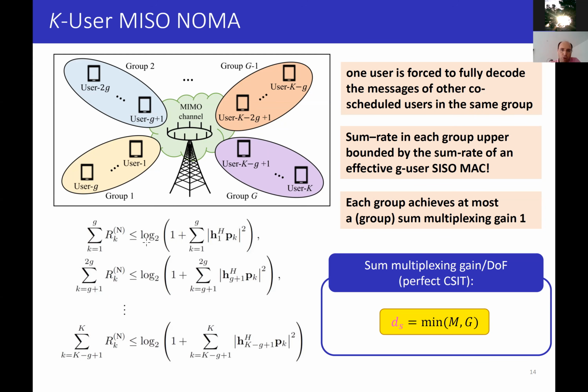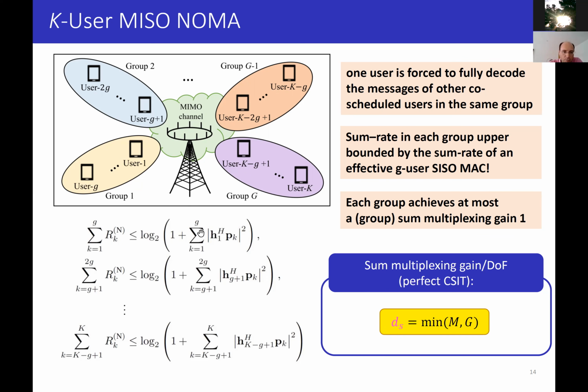This is the sum rate of an effective single antenna, SISO, single input, single output, multiple access channel, where the receiver of this multiple access channel is actually the user that decodes the message of all the other users. So for instance, here it would be user 1, which decodes the message of all the other users. So again, user 1 acts as the receiver of an effective SISO multiple access channel.